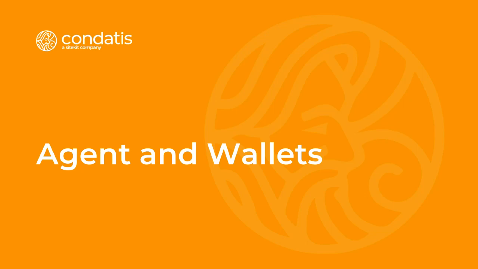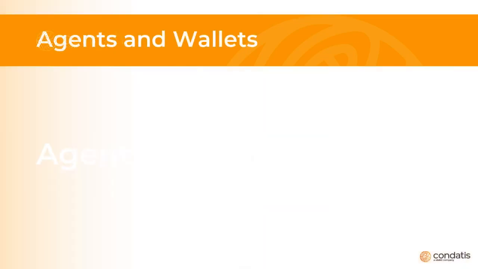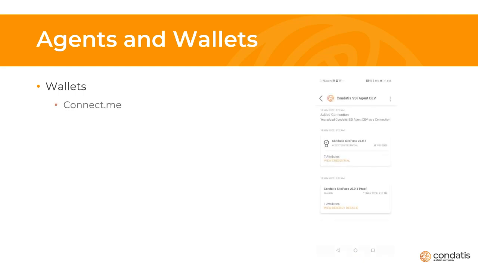Now that we've looked at the standards and some of the protocols, it's time to think about what they're all used for, and that's agents and wallets. We spoke about wallets and the user being able to choose between them. Currently, there's many different wallet providers. We have Evernym's ConnectMe wallet.